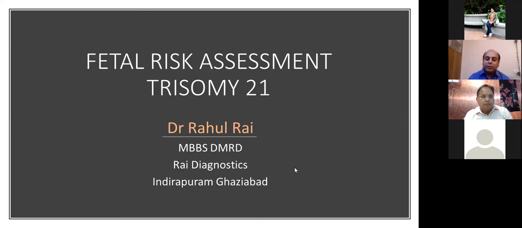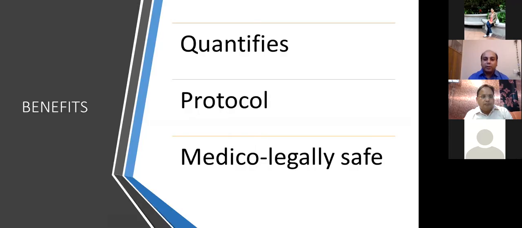So starting with the risk assessment benefits, this risk assessment helps us quantify the risk of a mother. This quantification helps us in stratifying the risk into high, intermediate, and low categories. This helps us to form a protocol on how to go about individual cases and helps us to get a desired outcome.